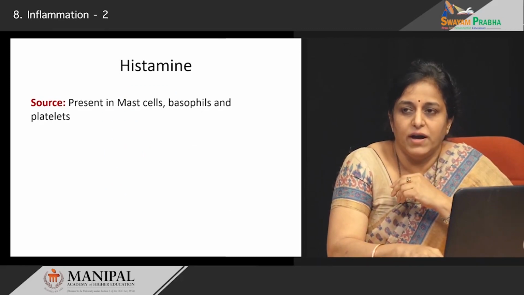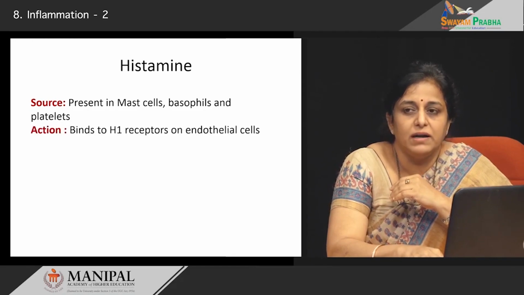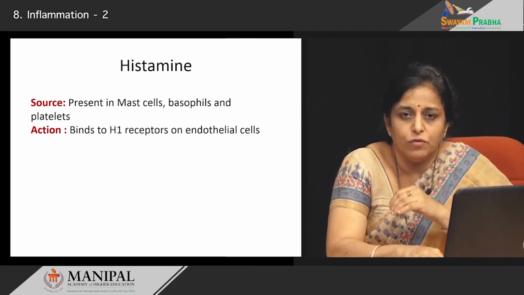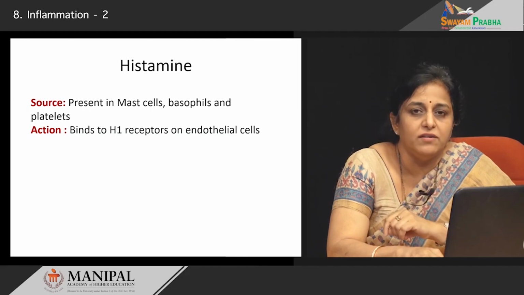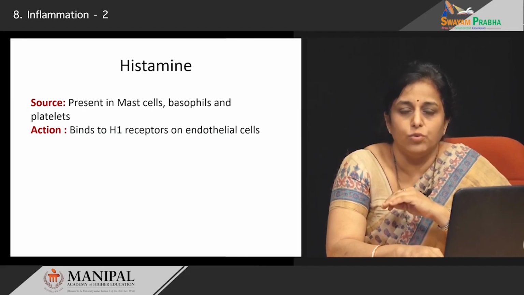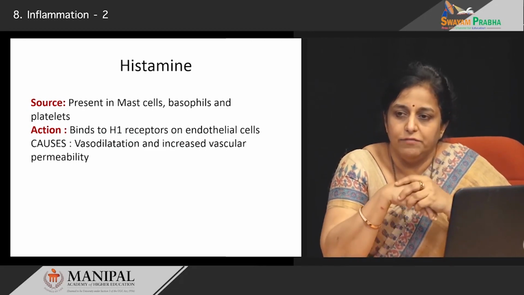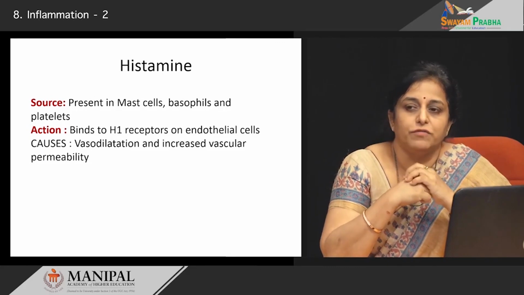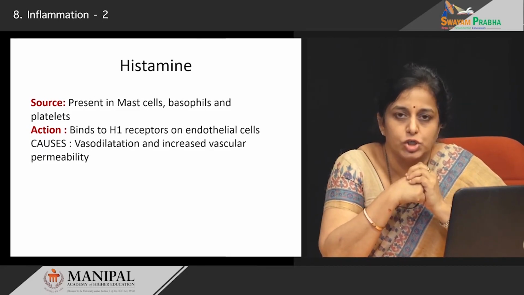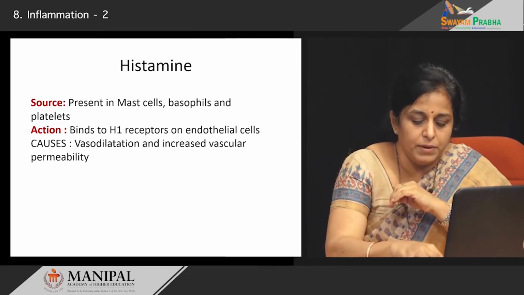So, just to revise what we learnt, histamine is derived from mast cells, basophils and platelets. The effects on the blood vessels are because it binds to H1 receptors on the endothelial cells. The most important action of histamine is vasodilation and increased vascular permeability.